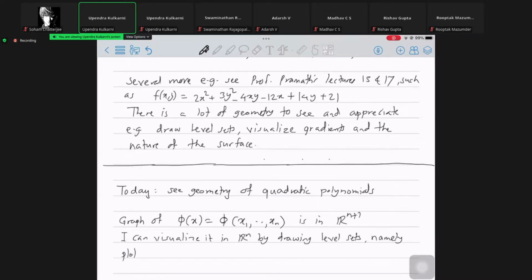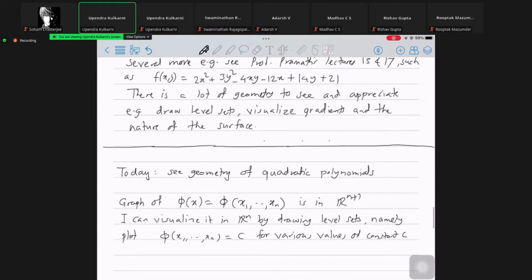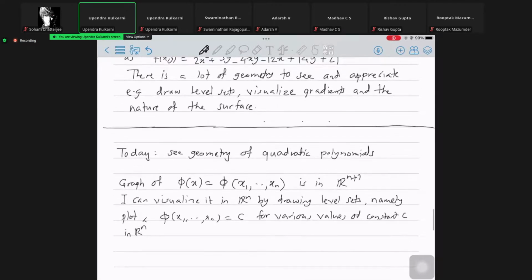Namely, plot phi of x1 up to xn equals c for various values of the constant c. And this plotting is going to happen in R^n. So let's see examples of this.